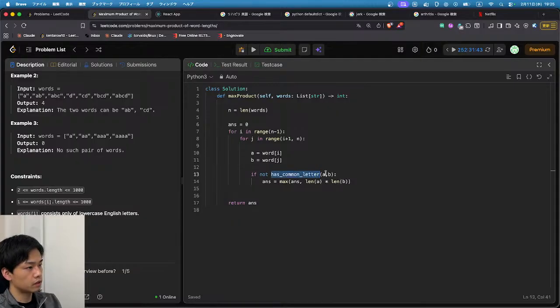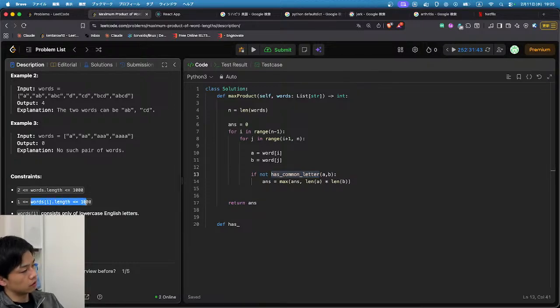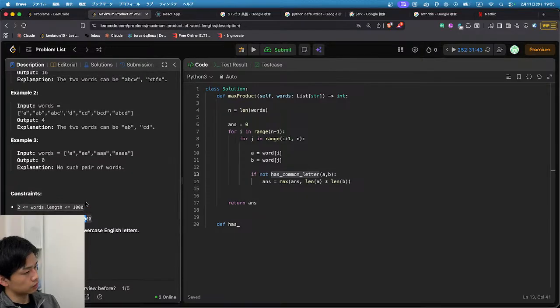The problem is this function. Maybe it takes, this would be like a linear algorithm.